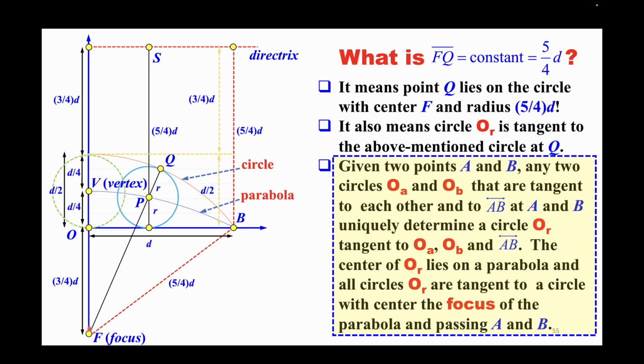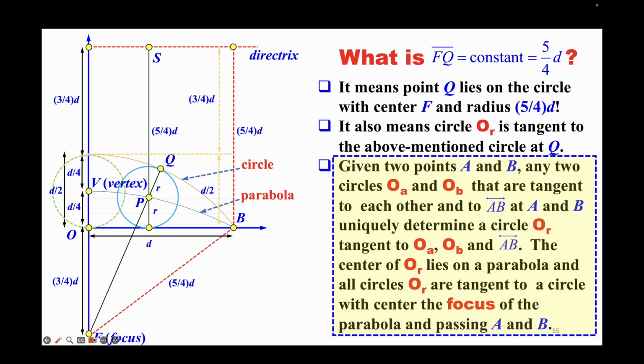Now, for any circle OR with center on the parabola P, the line leading from F through the center to the other end of the circle is always a constant, which means the circle is tangent to the circle here, because the distance is always the same, the radius of a circle.